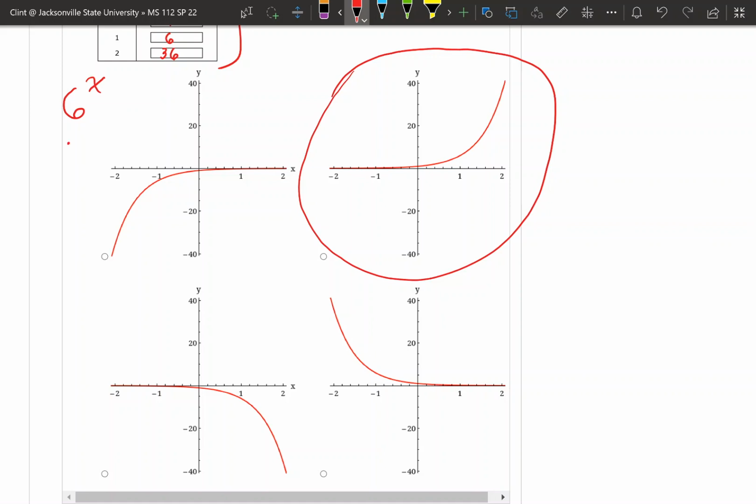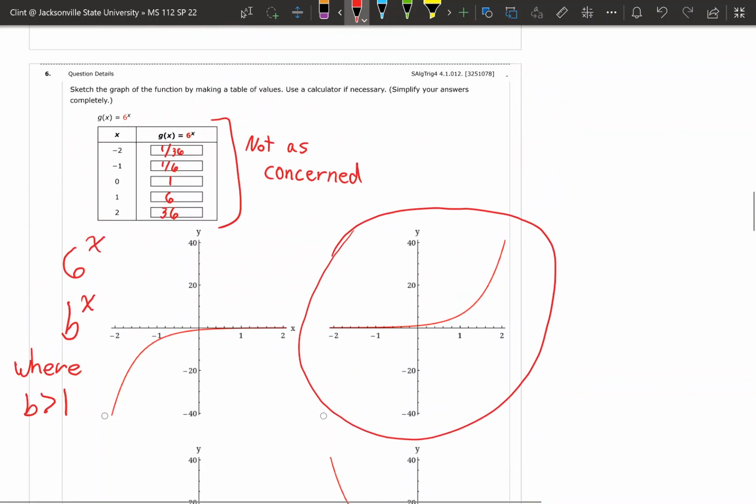And that's true for any of these where b is bigger than 1. It's going to be that general shape. But if you forget, you could figure it out by plotting some points.